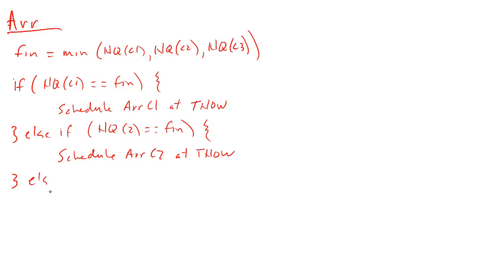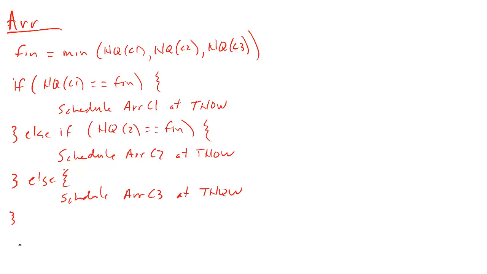Else schedule ARRC3 at T now. So in this case, we have picked the minimum queue length, and based on that minimum queue length, we've scheduled the next arrival, and we've scheduled it to occur at the current simulation time.